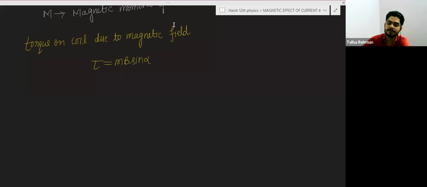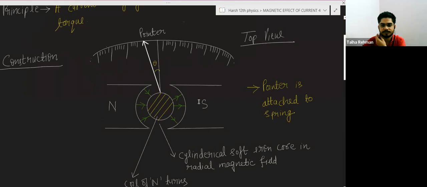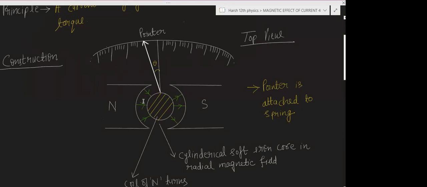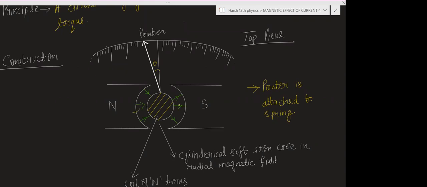There is one more thing here. These are the magnetic field lines, and these lines represent the radial magnetic field. Now, what is a radial magnetic field?